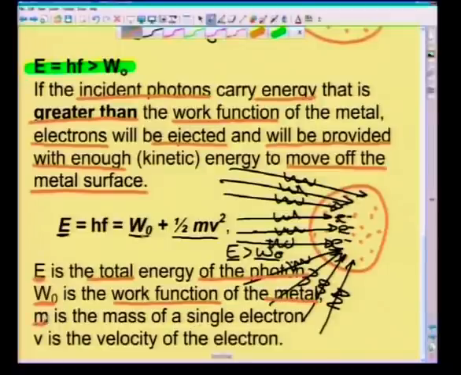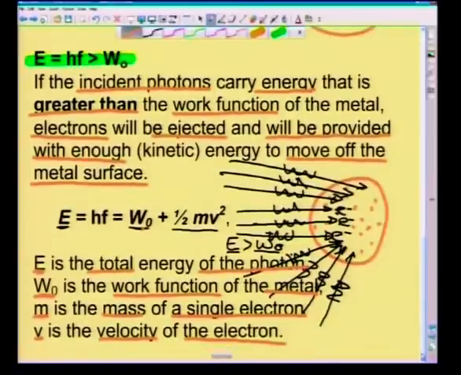And then m is the mass of a single electron, because that's the particle that is set in motion, and v is the velocity of the electron. That's what that formula is saying to us. So that's a quick summary of the 3 conditions that may happen when we look at the photoelectric effect.